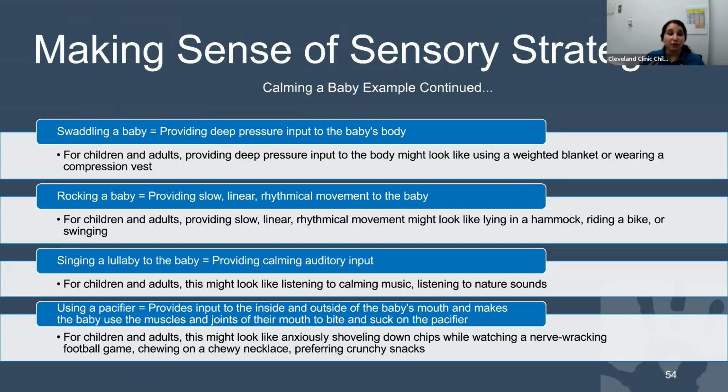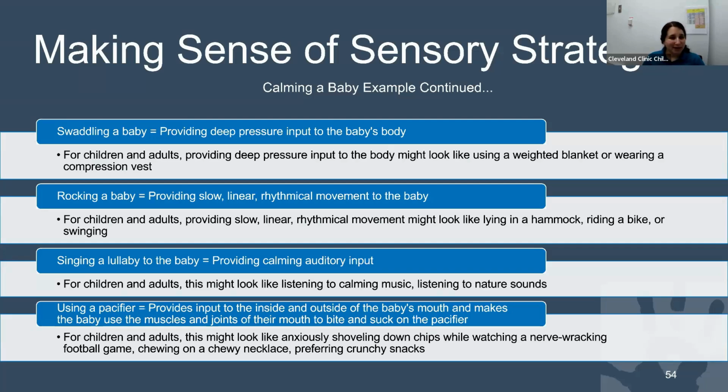What that might look like for you or for your kiddo is giving your kiddo squeezes, wearing a weighted blanket or a compression vest. That rocking of the baby, what that might look like for you or for your child is lying in a hammock that's gently rocking back and forth, or riding a bike, or for your kiddo, swinging on a standard playground swing at the park.